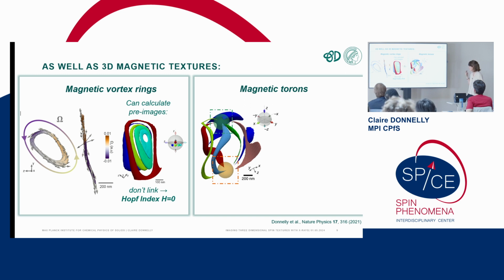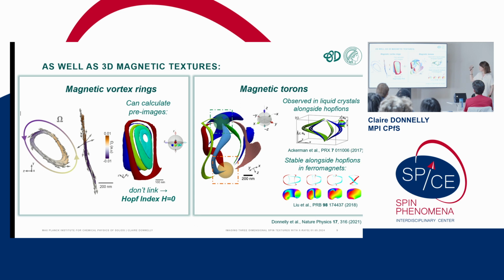Secondly, we were also able to identify a different type of texture, which are these magnetic torons. Here you have, in the plane, the equivalent of a skyrmion, with a Bloch point and an anti-Bloch point at the top and the bottom. This was already very nice to see in our configuration, but why is it particularly motivating?